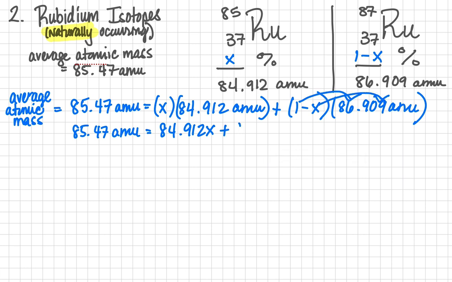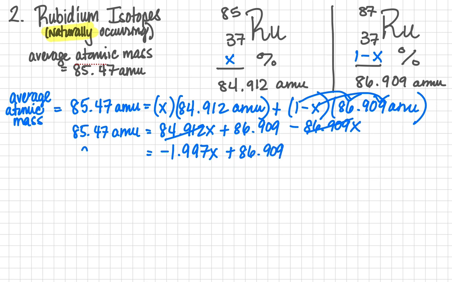So it's going to be plus 86.909 minus 86.909x. Look to see if I can simplify. This x and this x can be combined. That's going to be negative 1.997x. I'm going to bring down the 86.909. And then I'm going to bring this down to 85.47.